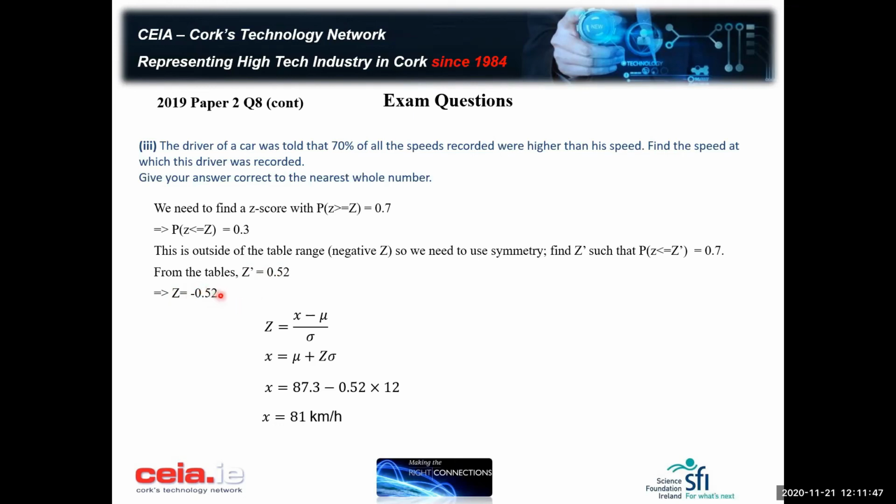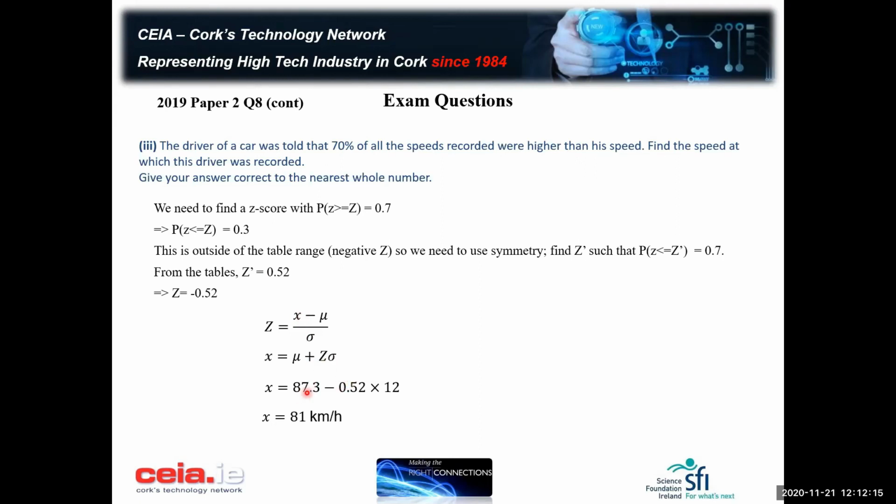I know that's a bit complicated, but these are the kind of mental gymnastics you need to go through when you're using the z-scores when you've only got half the table available to you. Okay, when you finally end up with a z-score of minus 0.52, you need to convert that back into an x value.